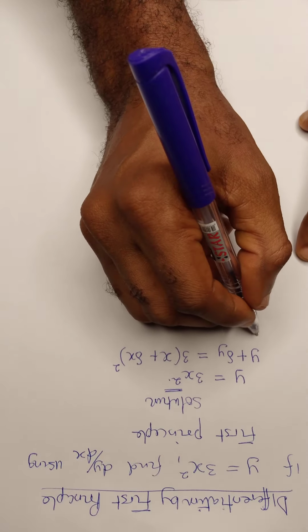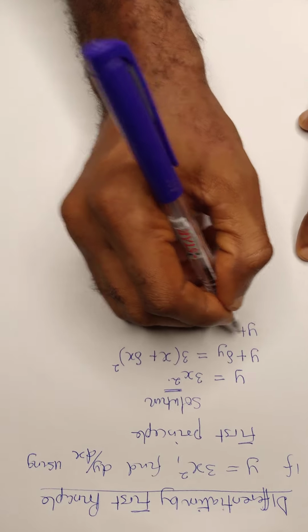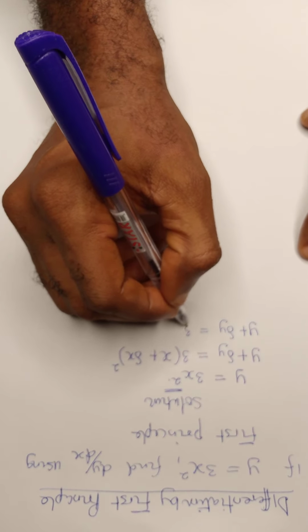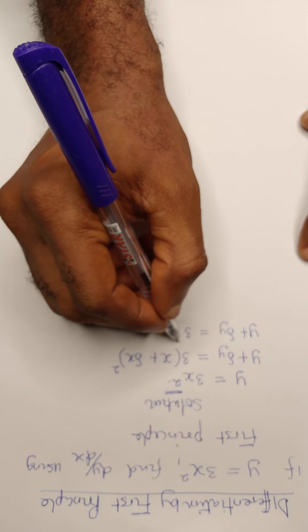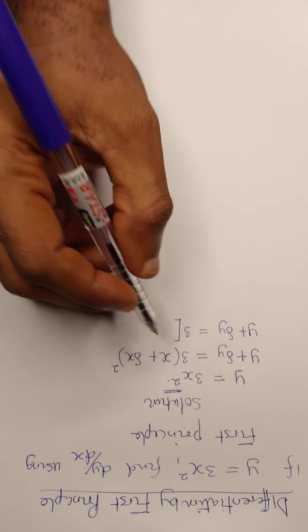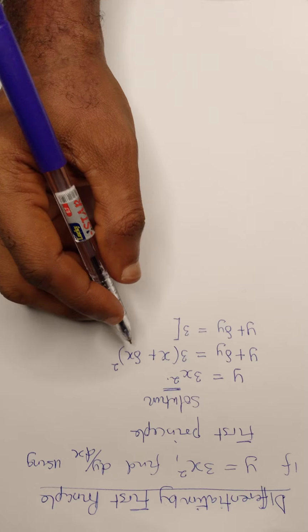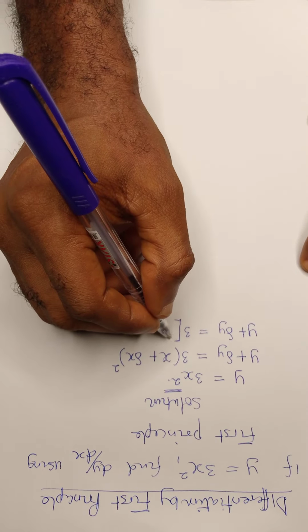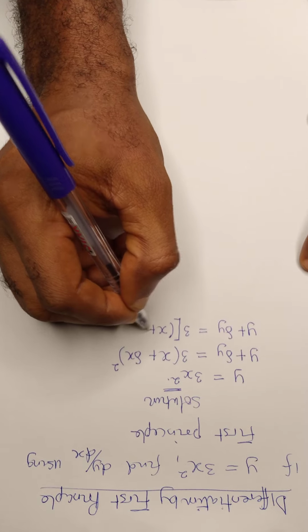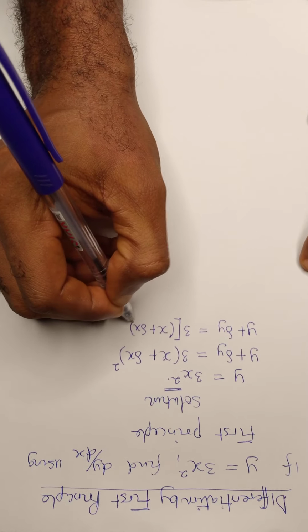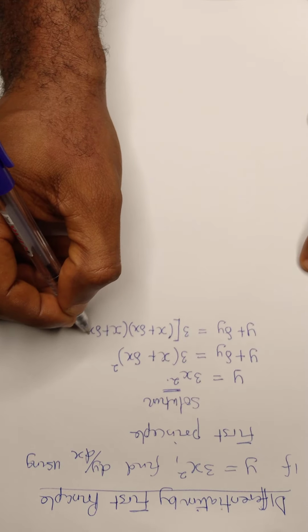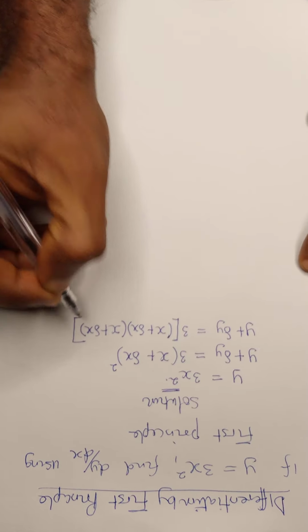So this will be the same thing as saying y plus change in y equals 3 into, we know that x plus change in x all squared is the same thing as saying x plus change in x into x plus change in x.